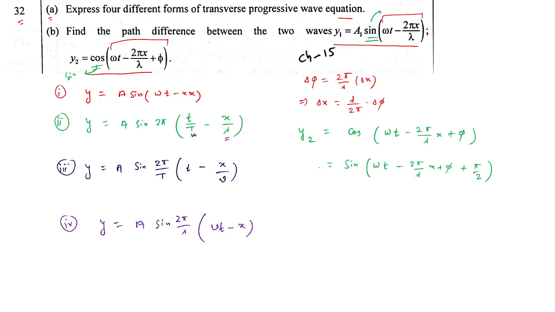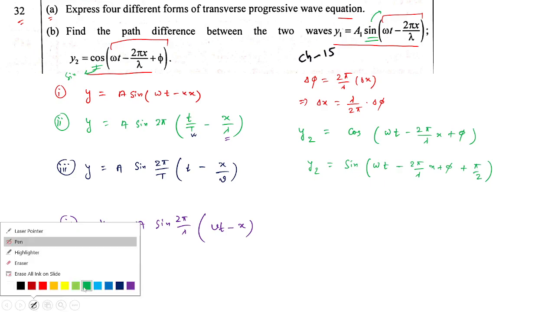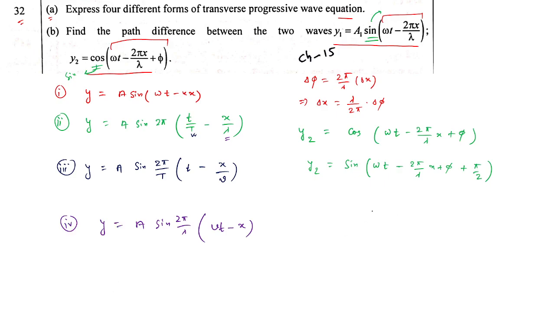So this is y2 and this is y1. Now we can subtract the arguments. If we subtract these phases, look carefully, the difference is π plus π/2. This is the phase difference. We need the corresponding path difference, and this is the relation between path difference and phase difference.